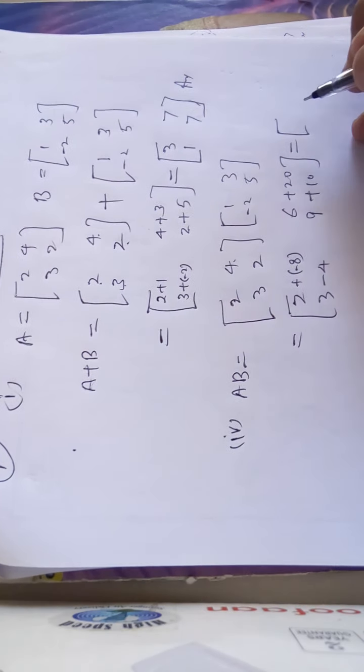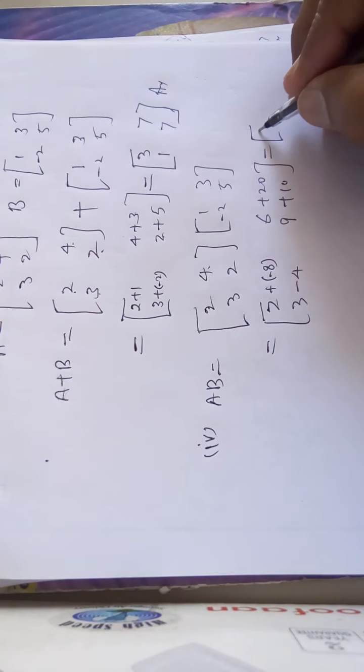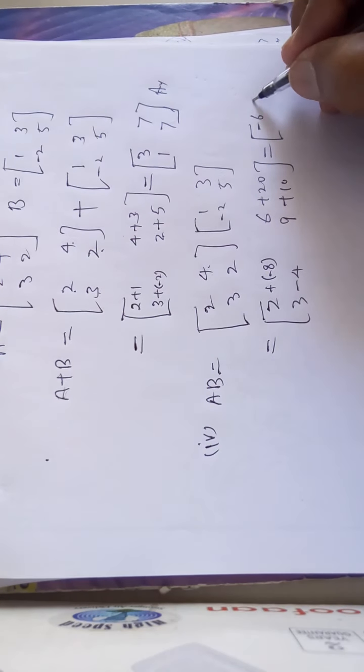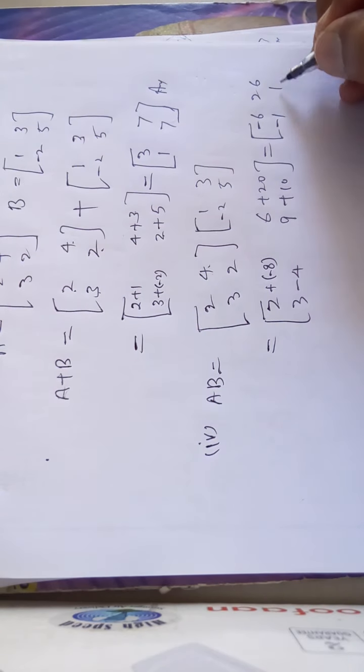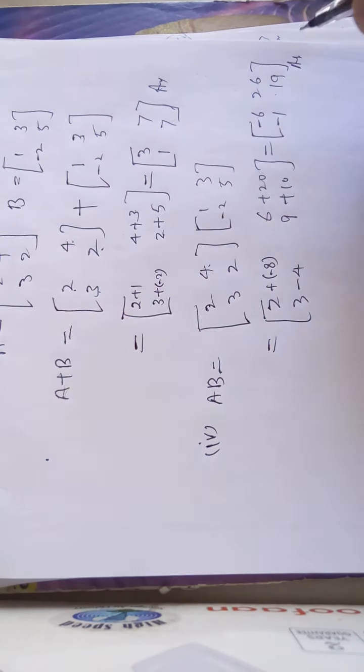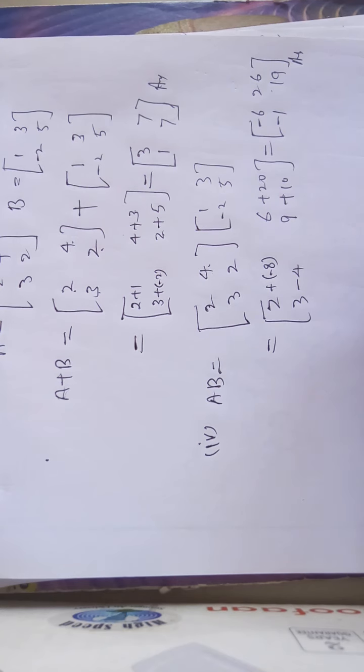This equals [-6, 26; -1, 19]. That is your answer. This is the multiplication rule.